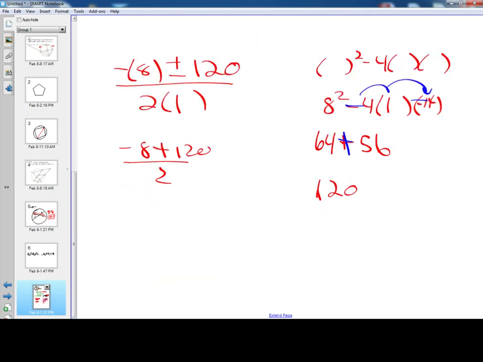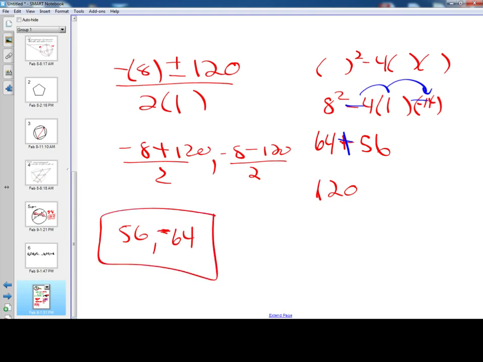And that's going to be how much? 112? Right? Yeah. 112 divided by 2 is 56. And then if I do the minus, negative 8 minus 120, that's going to be negative 128 divided by 2 is negative 64.